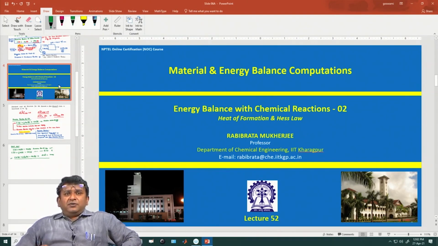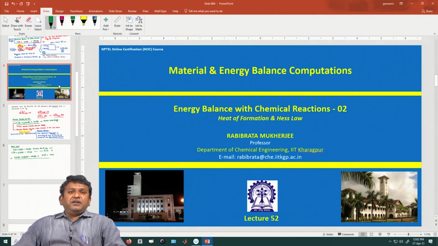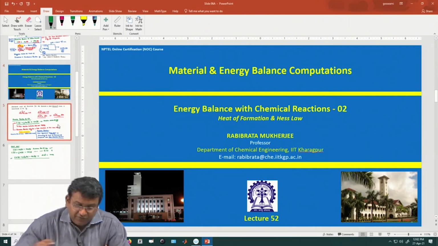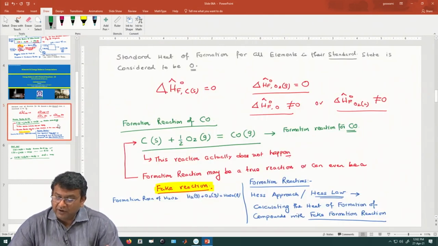We have talked about heat of formation, and we have also learnt about the formation reaction, and we learned something very interesting, that a formation reaction can be a true reaction or it can be a fake reaction also. When we talk about, let us say, the formation reaction of carbon dioxide, there is absolutely no problem.